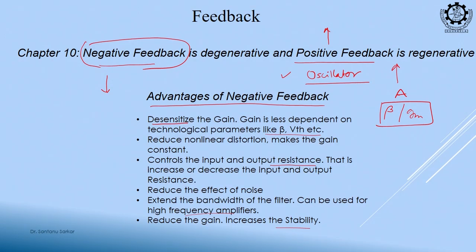It also modifies the input impedance or output impedance in such a way that it helps actually, that we will check later. And also the bandwidth: every amplifier works up to a certain frequency range, that is called bandwidth. Negative feedback also helps to increase that range. Okay, we can improve the bandwidth also. So, that we will see.